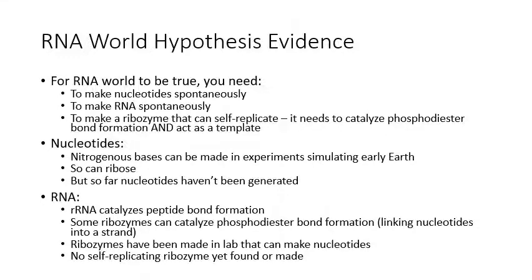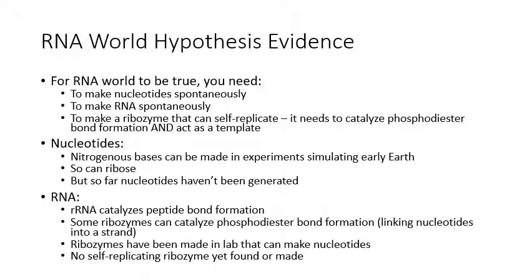And we can also form ribose spontaneously from inorganic chemicals. But what we've not been able to do is link those nitrogenous bases with the ribose with the phosphate to make an actual nucleotide. So we can make the parts of the nucleotide, the nitrogenous base and the ribose. Actually, phosphate is already just an inorganic molecule by itself, so we have that as well. But we can't link those three things together to make a nucleotide spontaneously yet.